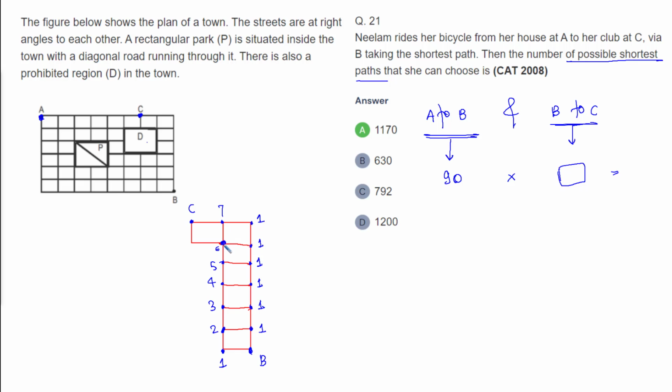Neelam can reach this point in 6 different ways. So Neelam can also reach this point, which is a kind of island, in 6 ways only. So 6 plus 7 is 13. So Neelam can reach point C in 13 different ways. So the number of shortest paths Neelam can travel from point B to point C is 13. So our answer is going to be 13 into 90, that is 1170, option A.